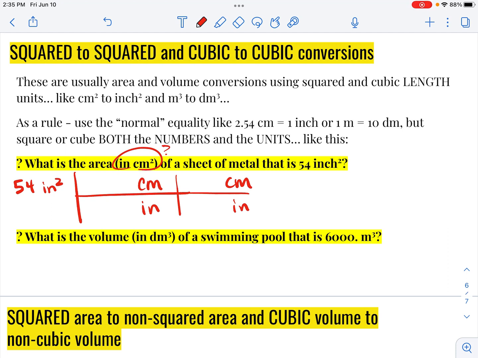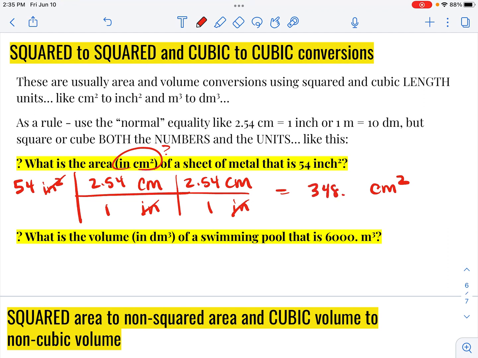And you can say twice, 1 inch is 2.54 centimeters, and 1 inch is 2.54 centimeters. And then that cancels the inches squared, because you have 2 of them, and you end up with centimeters squared. All right, so I can do it that way, and I can write it out that way if I want to, and kind of go from there. But I'll show you a shorter way also.